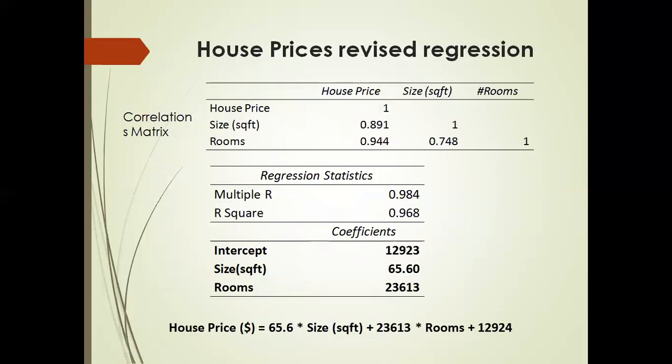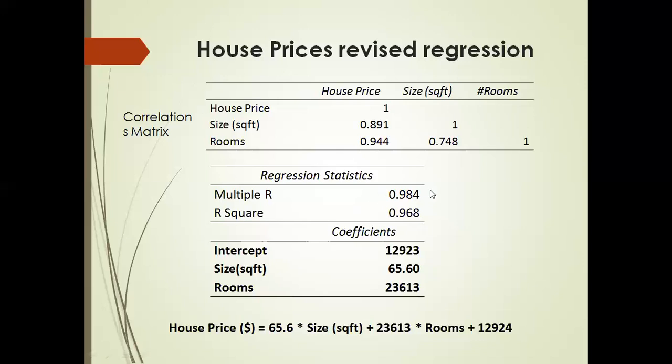Here it shows that the house price has a strong relationship with the number of rooms. How can we say that? Because the correlation with the number of rooms is 0.944 as well. Thus it is likely that adding this variable to the regression model will add strength to the model. So when we run the regression model between the three variables, why three? Because we are adding one more predictor variable, that is rooms. It produces the following output.